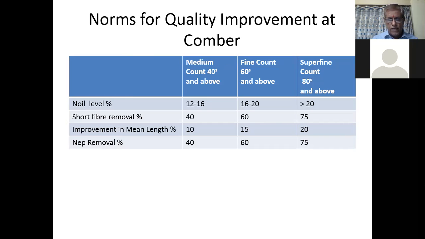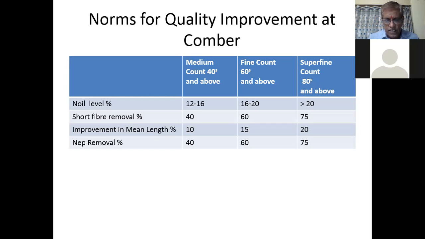An improvement in mean length is of the order of 10% to maximum 20%. Again the same thing, that is 2 mm or 3 mm or 4 mm. In mm it is 2 to 4 mm. Percentage wise it is 10 to 20% improvement in mean length.